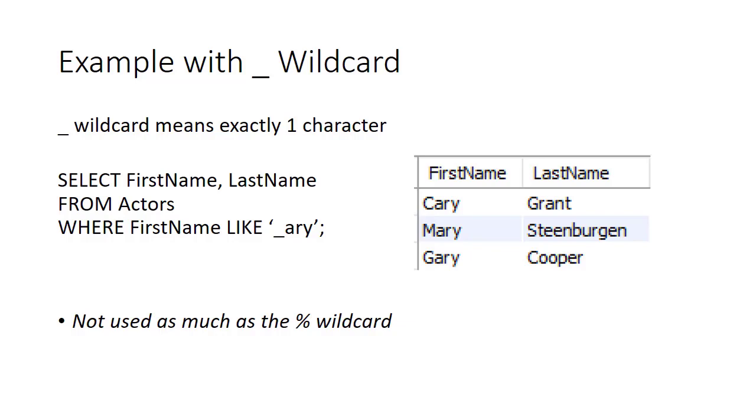Those are the names we're searching for with the underscore wildcard. This example is not used as much as the % wildcard. There are situations where you might want a wildcard for only a single character, but generally, we're going to be searching using the % wildcard.